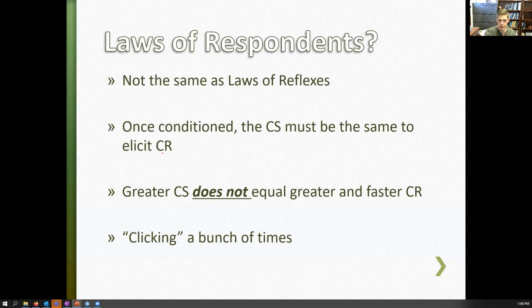So think about clicker training. One topic that we haven't really covered so much in Pavlovian conditioning is the concept of clicker training. If you've seen one of the new Jurassic Park movies, at least new to me, not the classic ones from when I was a kid, with Chris Pratt, I think.